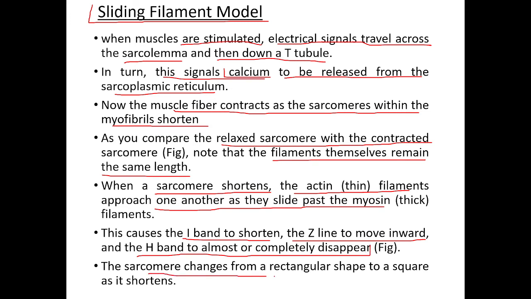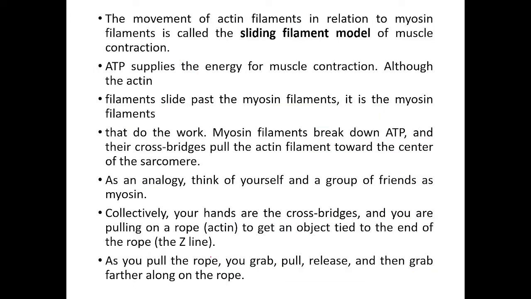The sarcomere changes from a rectangular shape to a square as it shortens. The movement of actin filament in relation to myosin filament is called the sliding filament model or sliding filament theory. ATP supplies the energy for muscle contraction. Although the actin filaments slide past the myosin filament, it is the myosin filament that does the work.